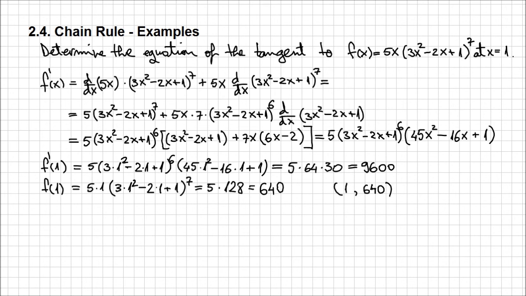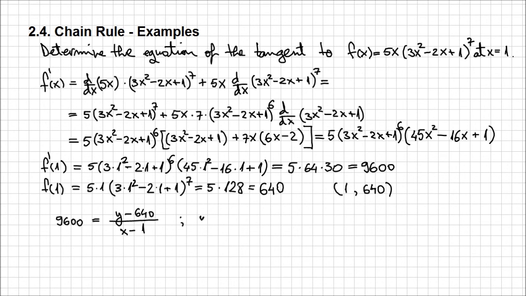So we have one point on the tangent, and we have the slope of the tangent. That means we can now determine the equation of the tangent very easily. By definition, the slope m, which we determined to be 9600, equals delta y over delta x. In other words, y minus the y value of one point on that tangent, which we determined to be 640, over x minus the x value of that same point, so 1.